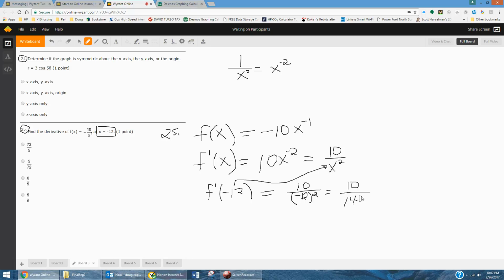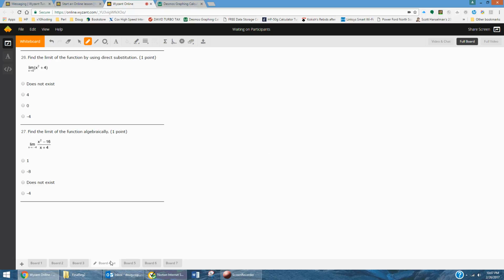If you look at the set of possible answers, it's not over here. But the fact is I can divide the numerator and the denominator both by 2. So it reduces to 5/72. There you go. Okay, on to board 4.